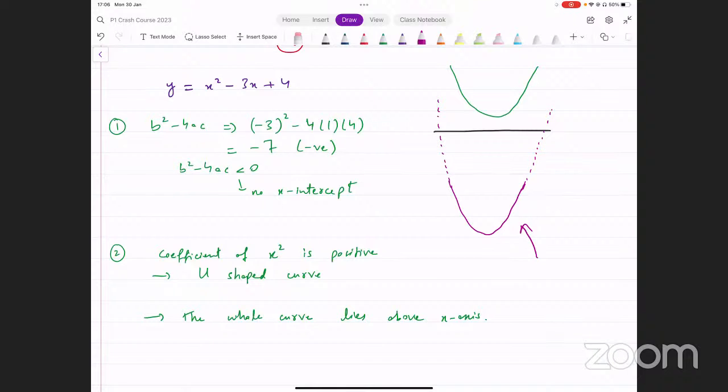So this is not possible. The curve cannot be below the x-axis. If it's a U-shaped curve, the whole of the curve can only lie above the x-axis. That's the only possibility that we've got. So it's going to look like this.